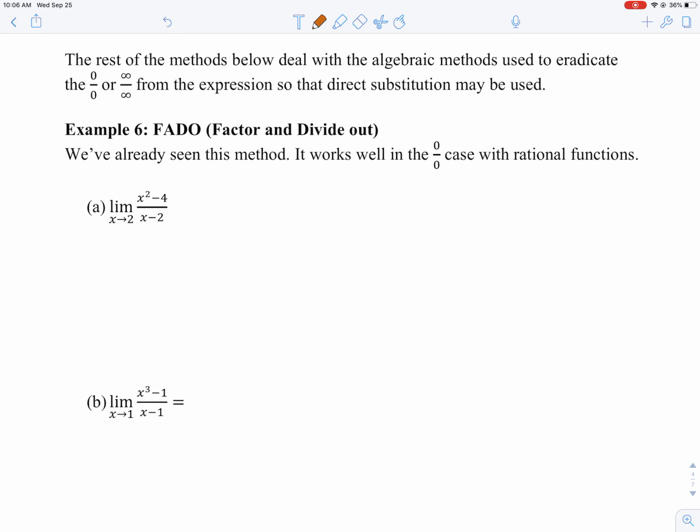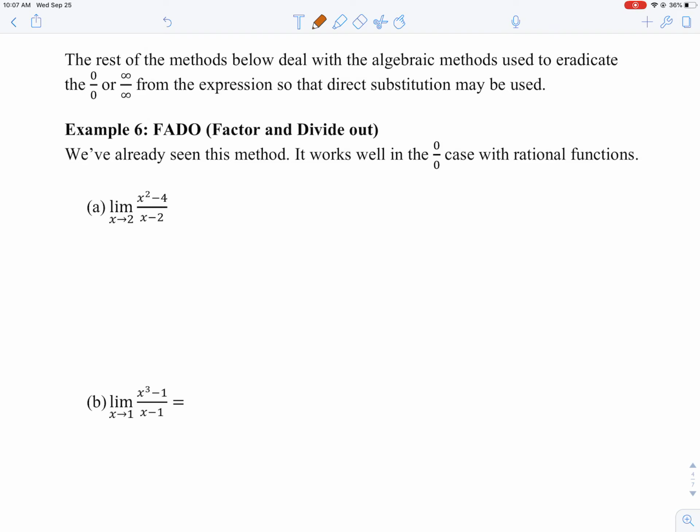All right, so the rest of the methods below deal with the algebraic methods used to eradicate the 0 over 0 or infinity over infinity from the expression, so that direct substitution may be used. Okay, so I have these little names. I did not make them up.